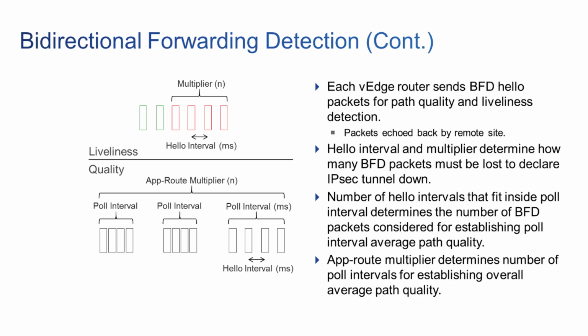Now we can modify the BFD hello packet intervals. We can modify the number of missed hello packets, which is based on the BFD interval multiplier, before BFD declares that a link has failed. The BFD protocol sends hello packets periodically to detect those faults, like we talked about in the previous slide, and this again happens between different vEdge routers.